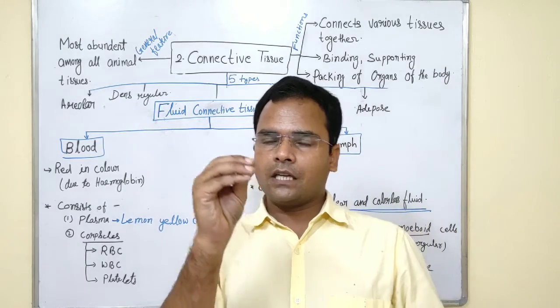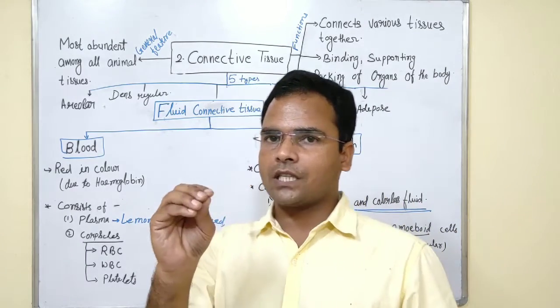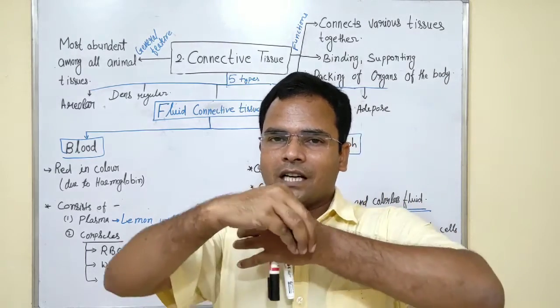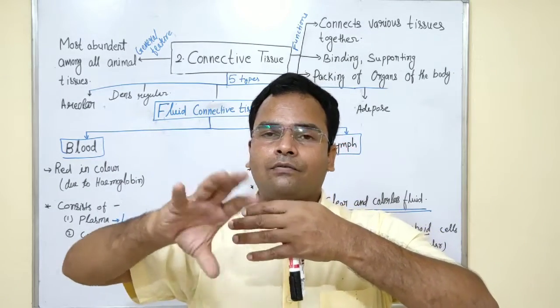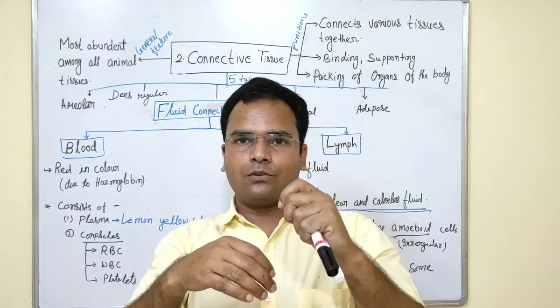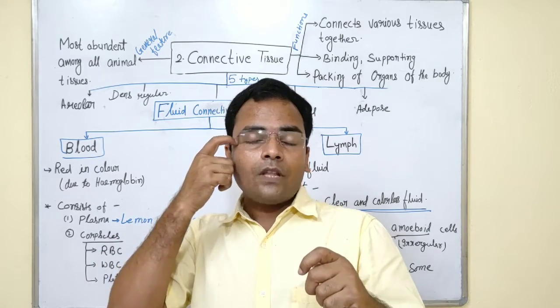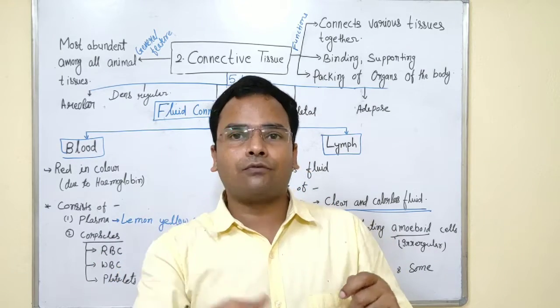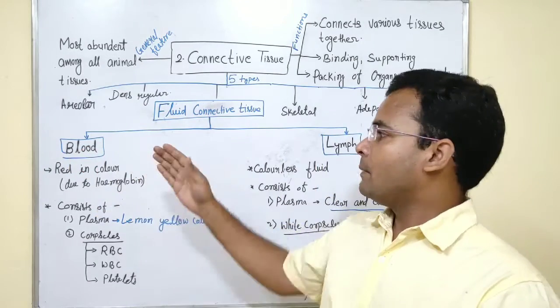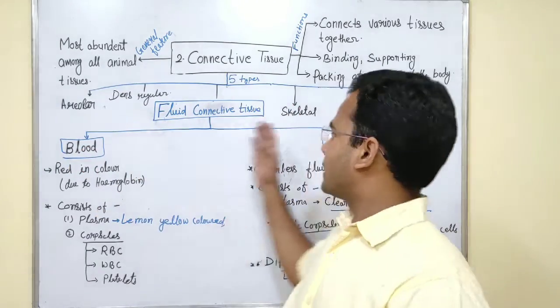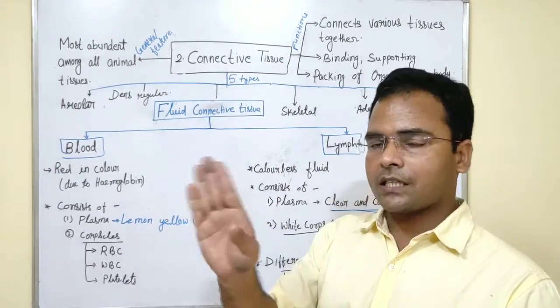It is present in the intercellular spaces. Certain material leaks from the veins and arteries, and that is the lymph. The extracellular fluid is called lymph, but the blood flows in the vessel. Blood's color is red, but the lymph is colorless.